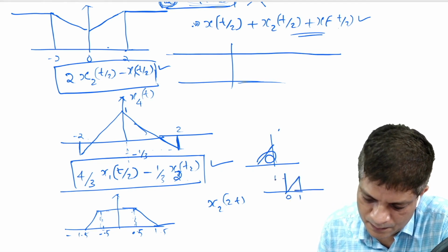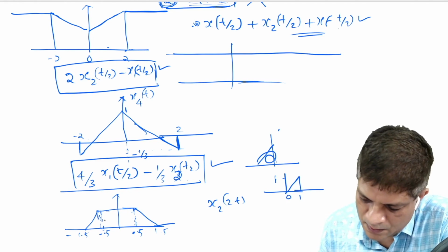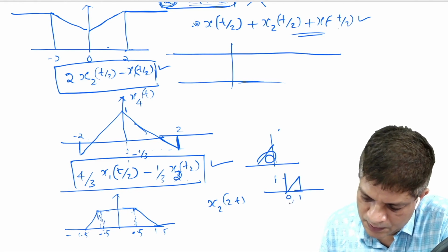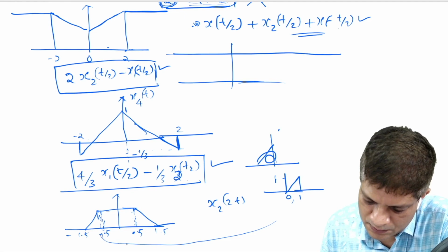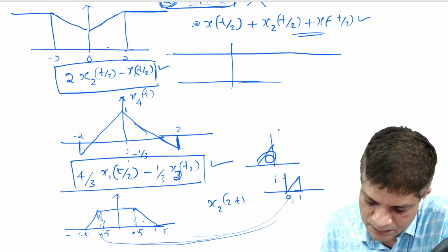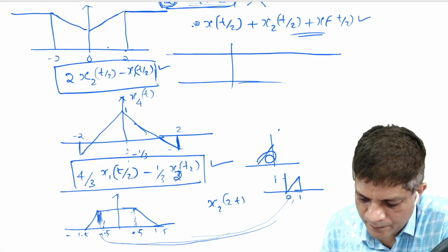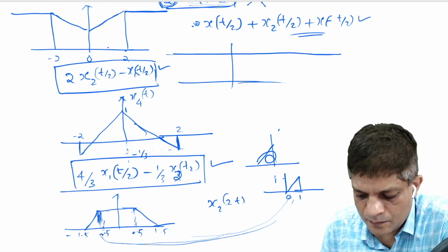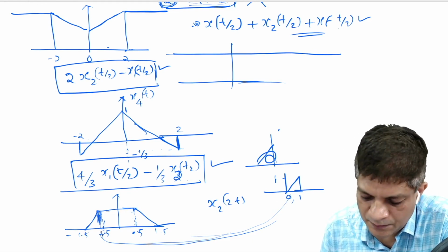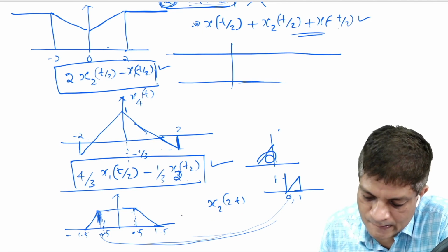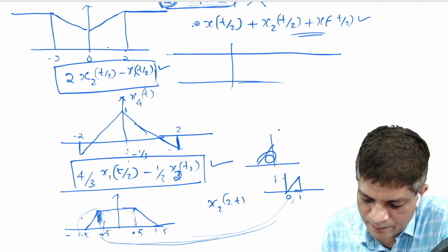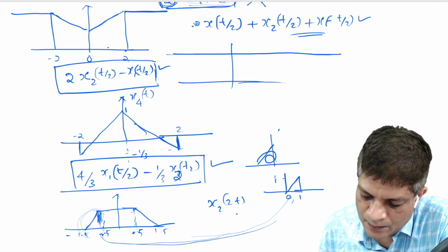0, 1, 1. Now this part, is it this, a shifted version of this? How much shift? So 1.5.